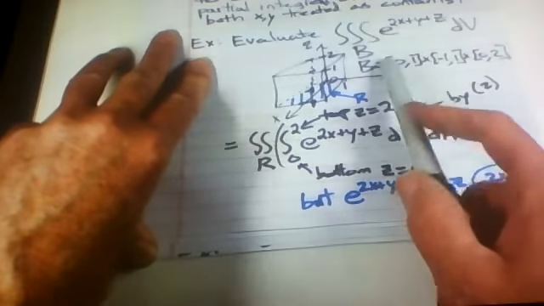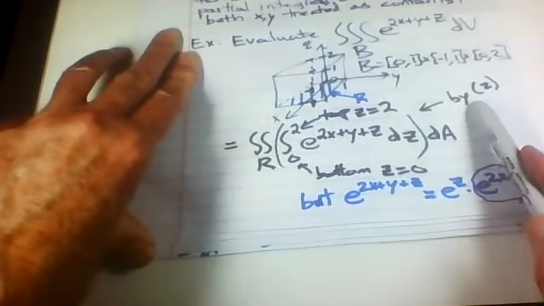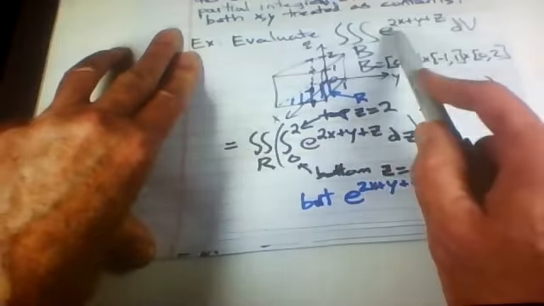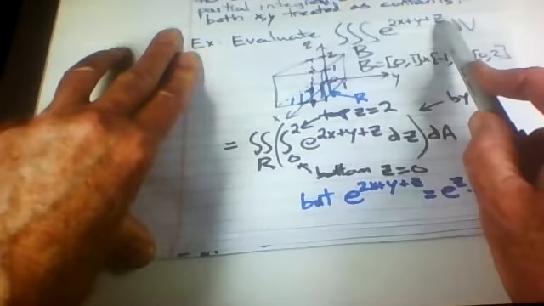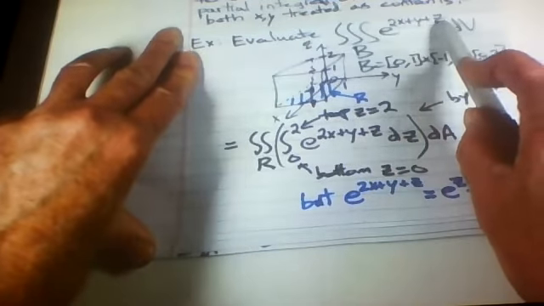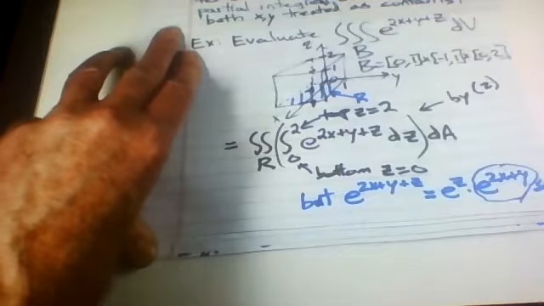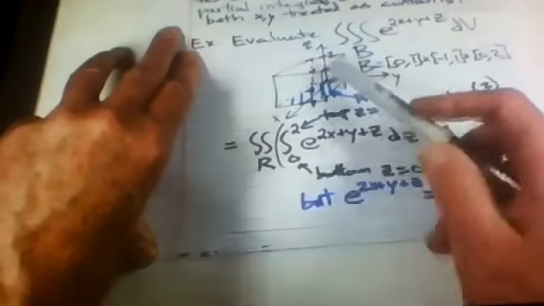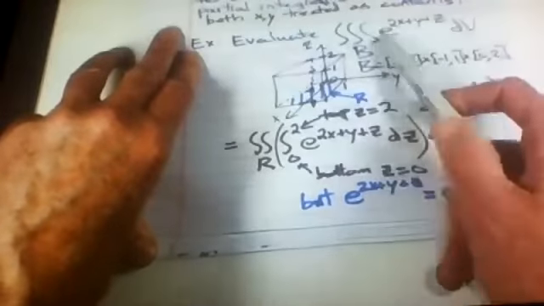And then I can apply the theorem and say by equation 2, this triple integral of e to the 2x plus y plus z, which I can think of geometrically as finding a volume of a 4-dimensional solid that's in 3 dimensions this box, and then extends into the 4th dimension you can't draw here to the point 2x plus y plus z to get a 4-dimensional volume.